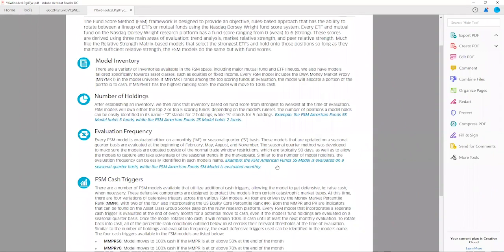So a little bit different than the traditional calendar quarter. We do this for a few reasons. As mentioned, looking at playing those historically strong or weak seasonal periods in markets that we've tended to see in the past, but also to give you a differentiation with regard to how you communicate this to your clients.